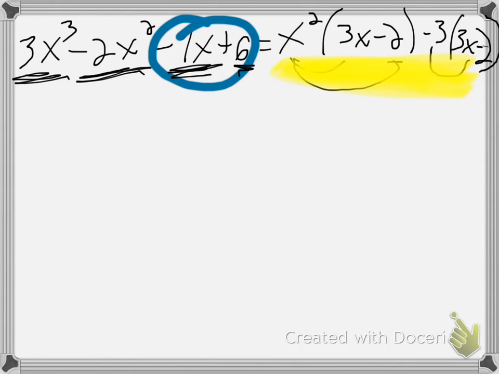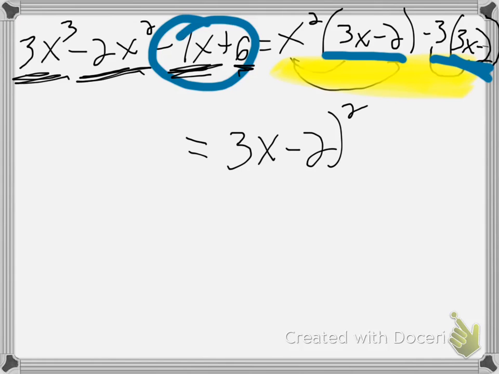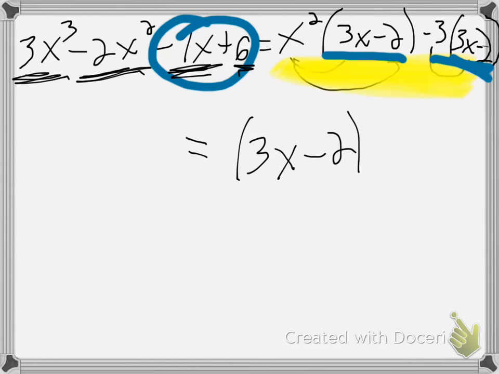Since this term and this term are the same, 3x minus 2 and the parentheses are the same, it can be written as 3x minus 2 squared, but we don't want the square, so we're going to get rid of that, and we're just going to write it as 3x minus 2, and then we combine the x squared and the negative 3 because they are not in parentheses, and then this is your answer.